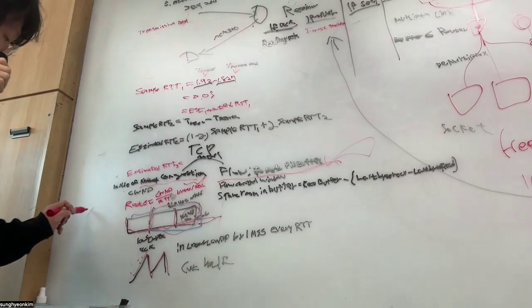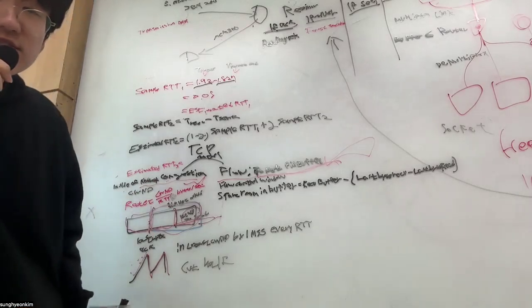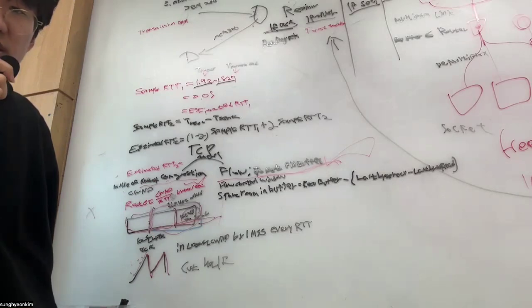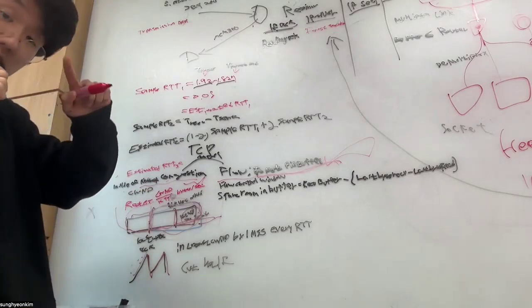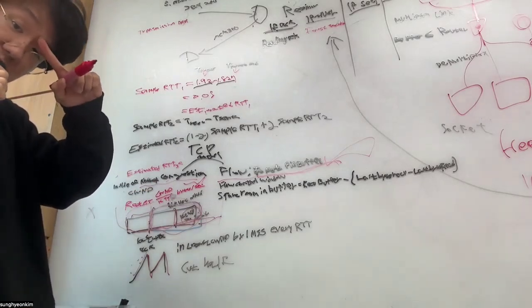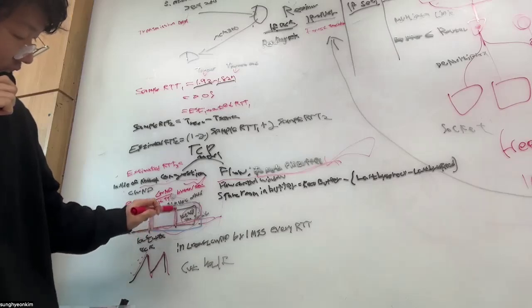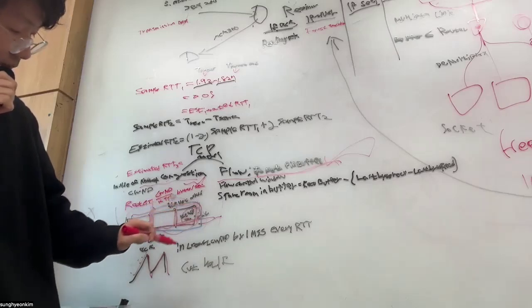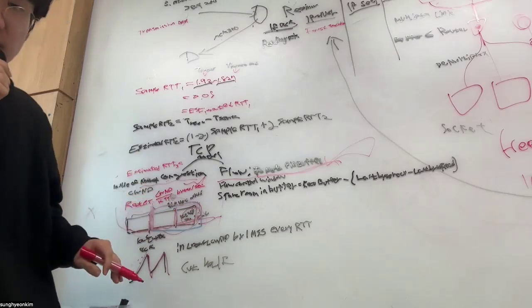Then what we can get is last byte we can send. Last byte we sent. I think I have an error on this part. I will explain it again. So the thing is like this is what we acknowledge, and this is not yet acknowledged, and this is what we can send. So based on this, we can choose the sliding window size.